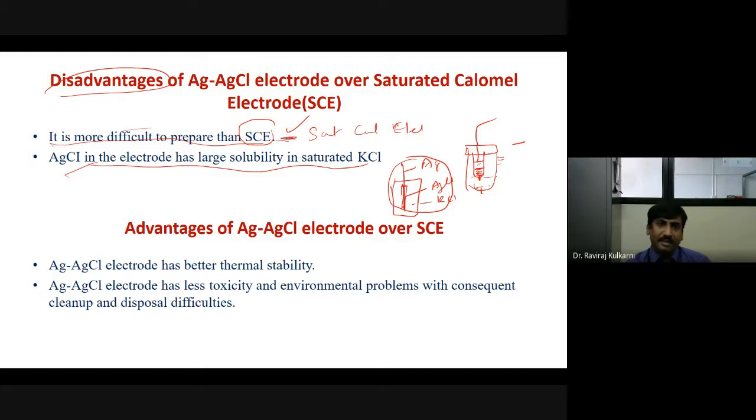The AgCl electrode has better thermal stability; you can also use it at high temperature. It has less toxicity, no environmental problem. You are not using mercury, which is a toxic material, and there are no disposal difficulties. These are the advantages.